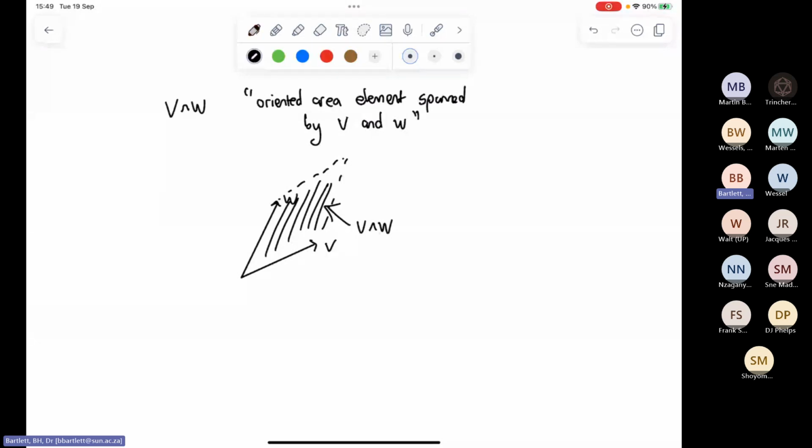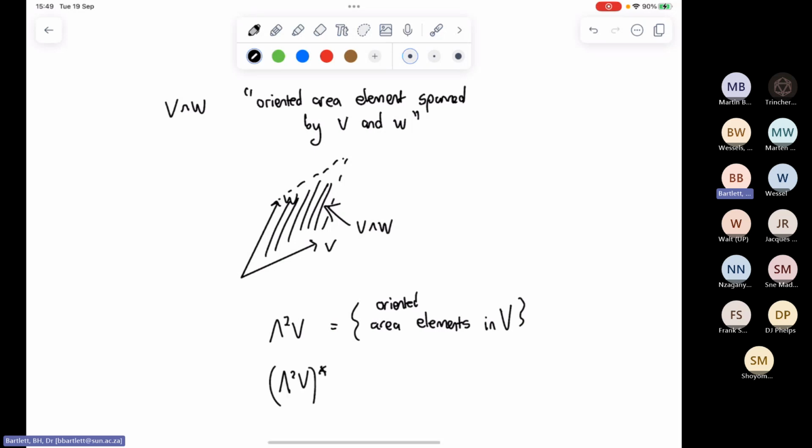Right? So in other words, lambda 2 of B is the set of oriented area elements in B. And if I talk about the dual vector space of that, that would be the set of all possible areas that you can define on B, so area functionals. Okay.